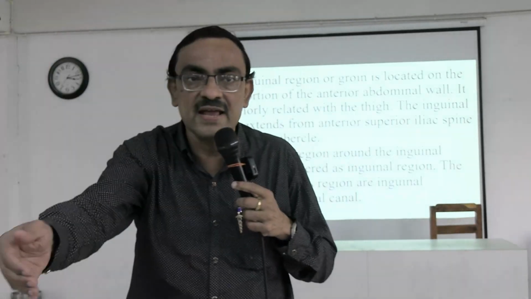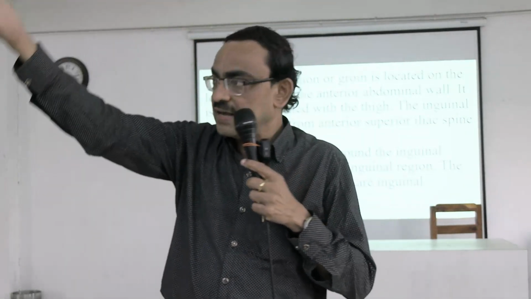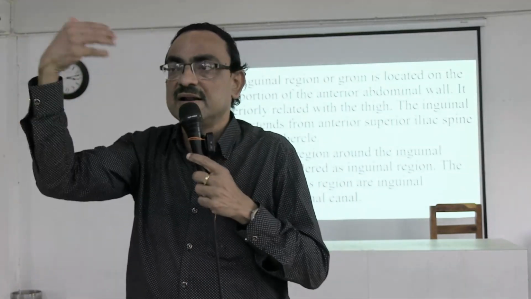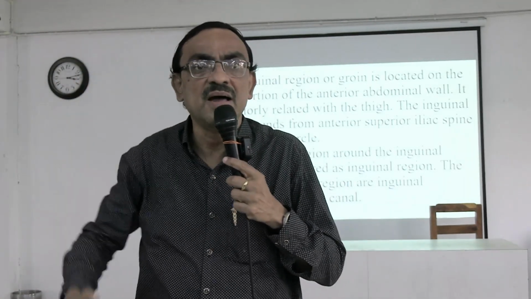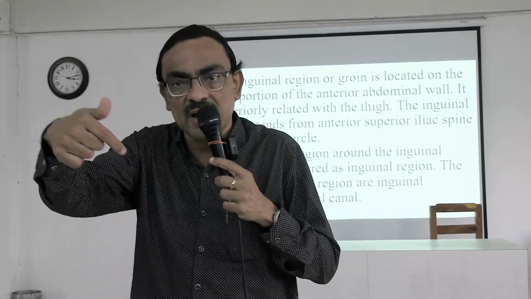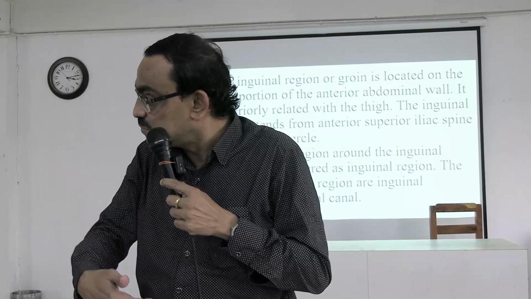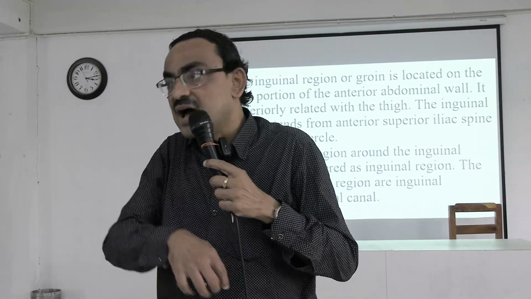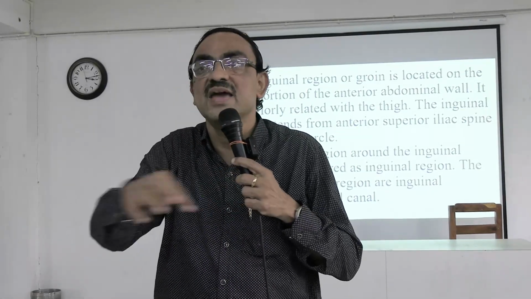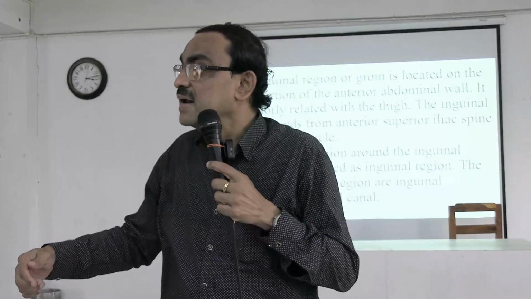So, skin, superficial fascia, that means fatty layer of Camper, then membranous layer of Scarpa, then we will get the external oblique muscle, then we will reach the internal oblique, then the transversus abdominis, then the fascia transversalis, then the extraperitoneal fatty tissue, and ultimately the parietal peritoneum.